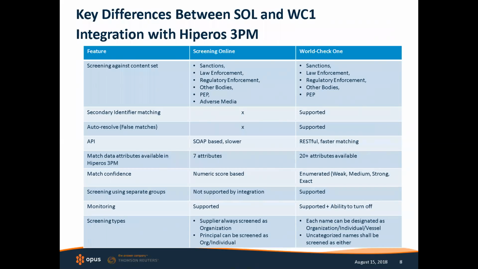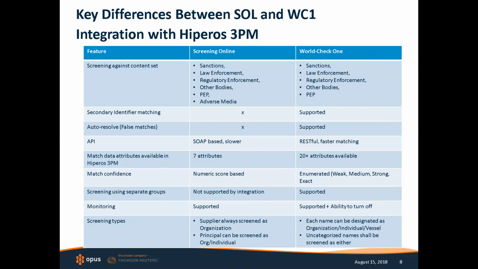From an integration standpoint, we are going to bring back a lot more information than what you see today in Hiperos3PM. You see, I believe, 7 attributes from Thomson Reuters. Like you see the type of hit, the category, and pretty much that's it.